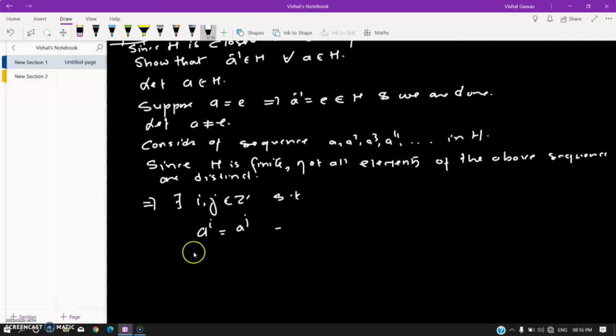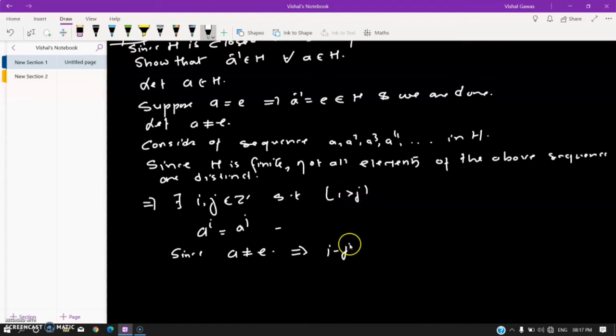Since A is not equal to identity, this implies that i minus j is strictly bigger than 1. I'm assuming i is bigger than j, though you can also assume j is bigger than i.